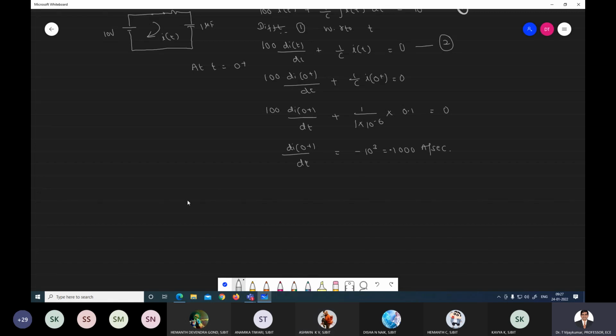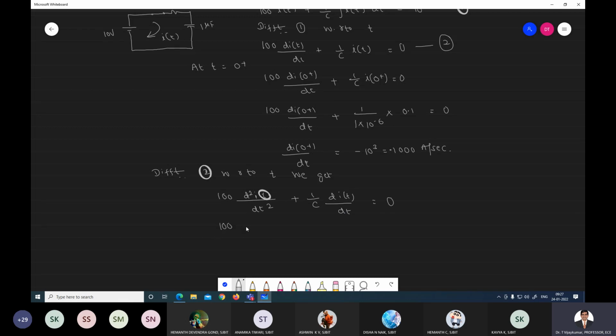Okay. Again, differentiate equation 2 with respect to t. We get 100 into d²i of t by dt² plus 1 by C into di/dt is equal to 0.